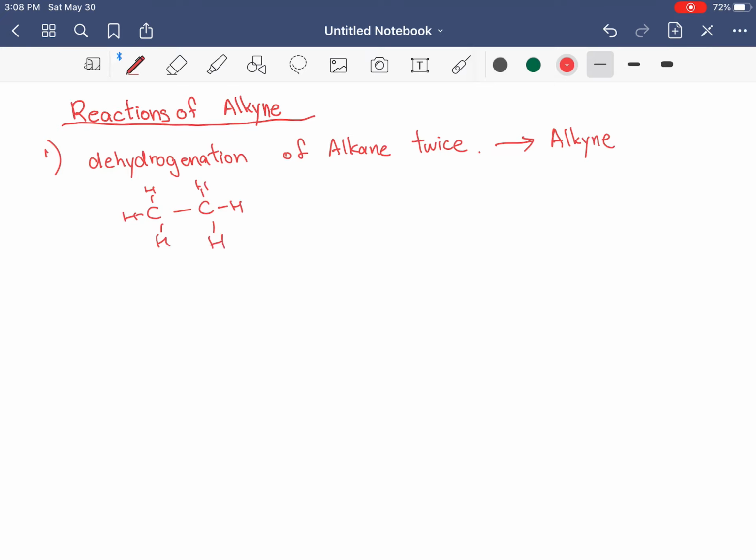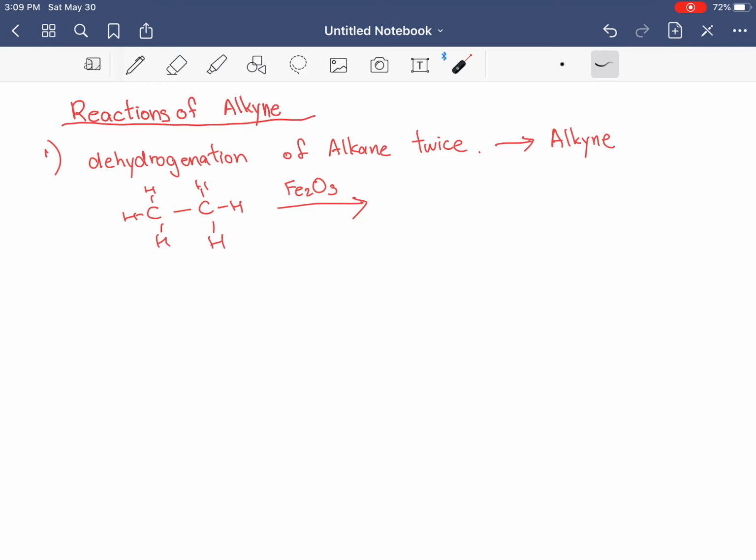So you would do your dehydrogenation. If you remember, in order for dehydrogenation to happen, you need some iron(III) oxide. These two hydrogens will get together to form H2.